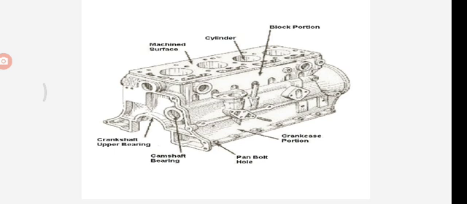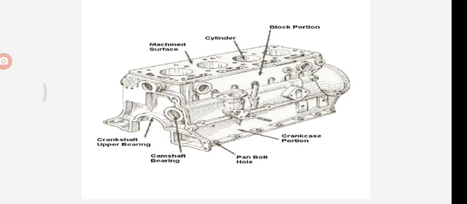In the engine block we can see the cylinder, and inside the cylinder there is a piston. In the down portion we can see the camshaft bearings, crankshaft portions, pan bolt hole, crankshaft upper bearing, machined surface, and block portions. These are some of the parts which we can see in the cylinder block.